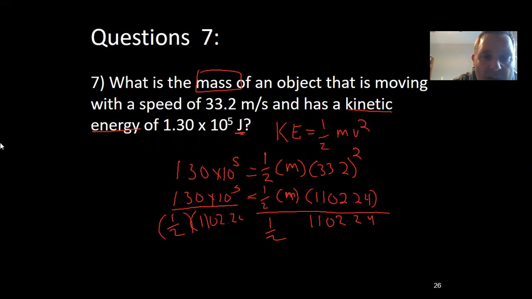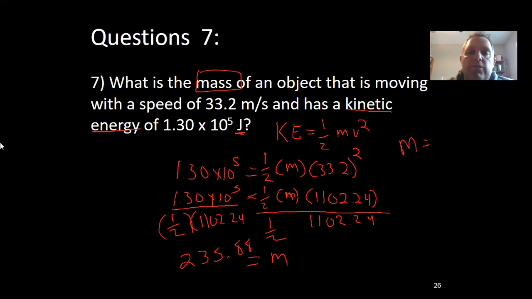When I'm done with that, I get mass being 235.88 in my calculator. Now, we know we can't have that. What's our number of sig figs we should have? Looking in the question, both of those have 3. So let's change this to 3.